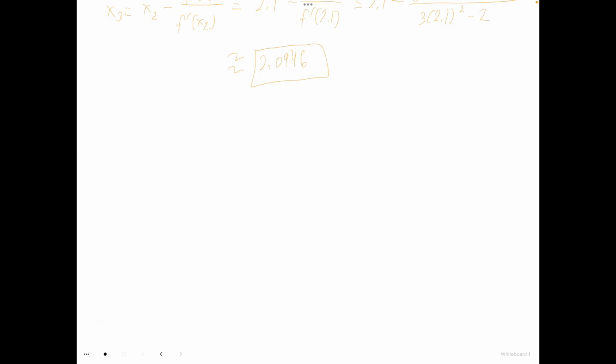Now, Newton's method does have a bit of a drawback to it, in that if you pick a bad starting point, we can run into issues.